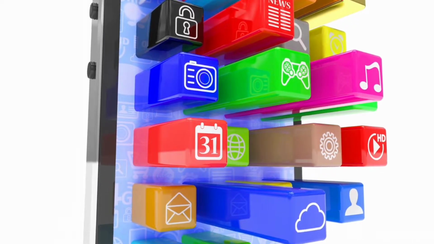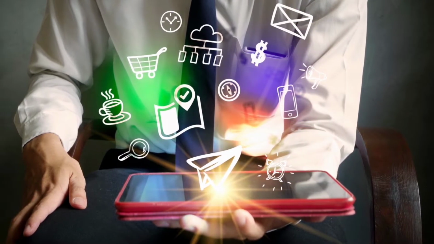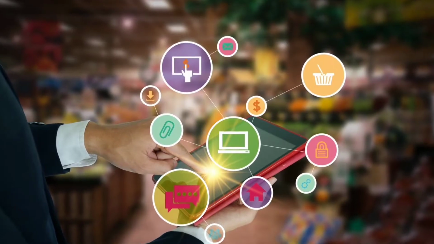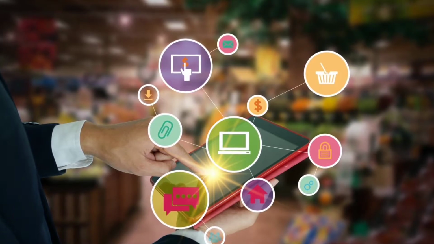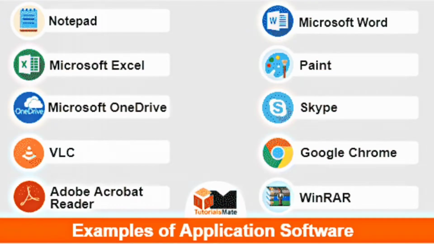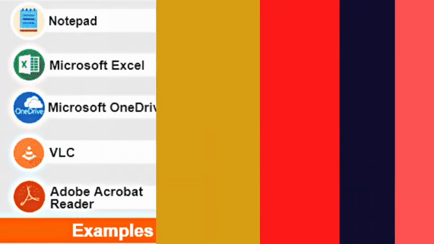Each of them has various tasks they can help the computer user to perform. Now, like I said, they are written mainly for specific reasons. Now, these are examples of some application software. We have the Microsoft Word, the Notepad, Excel, Google Chrome, the Skype, the Paint, and so on and so forth.